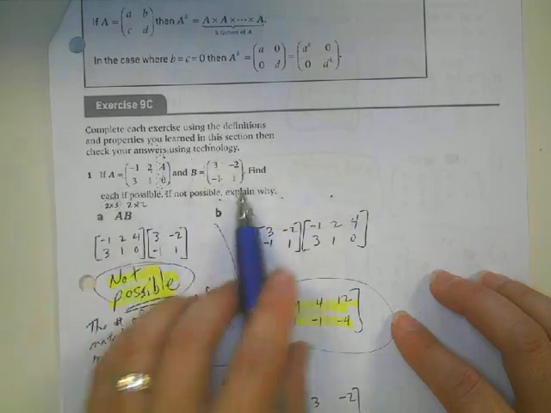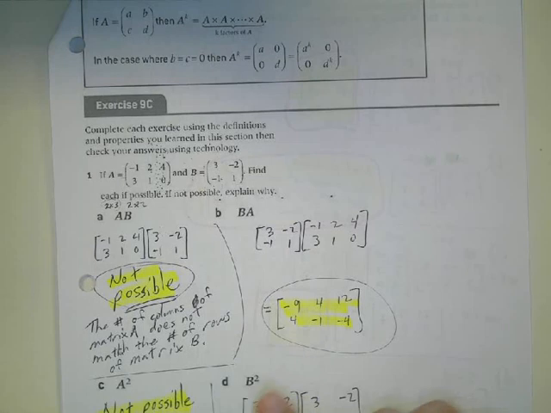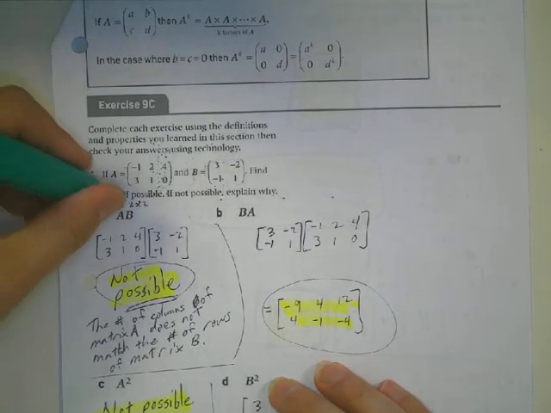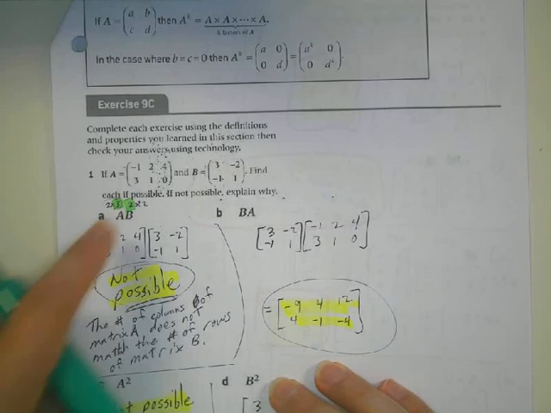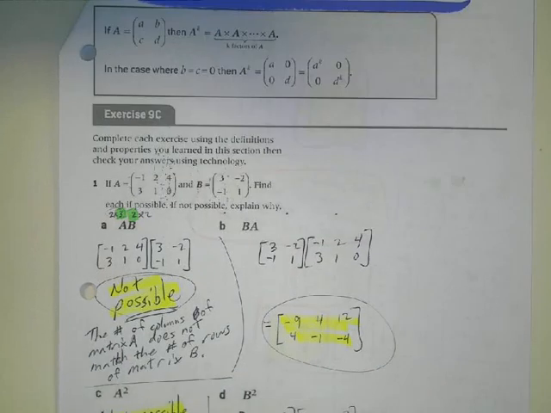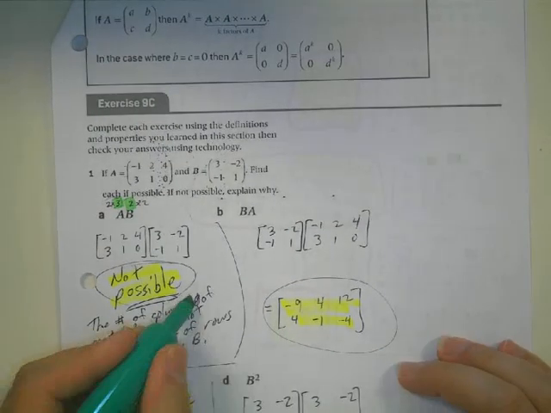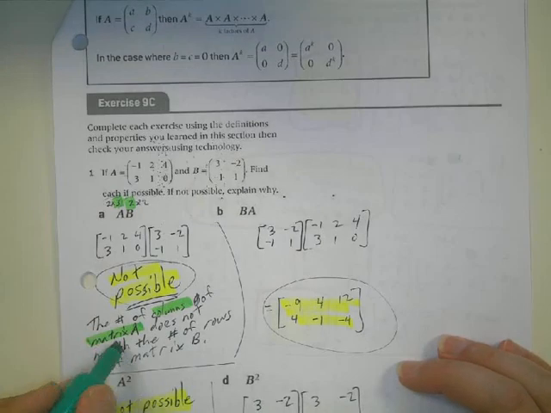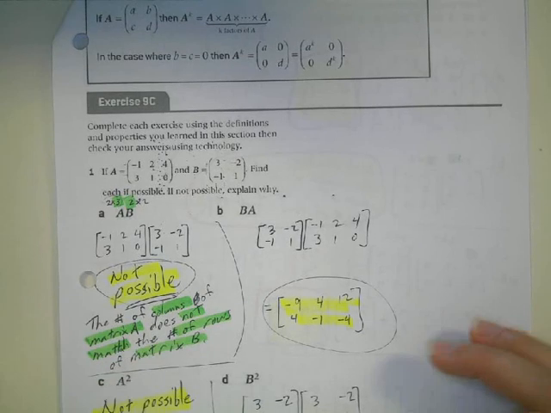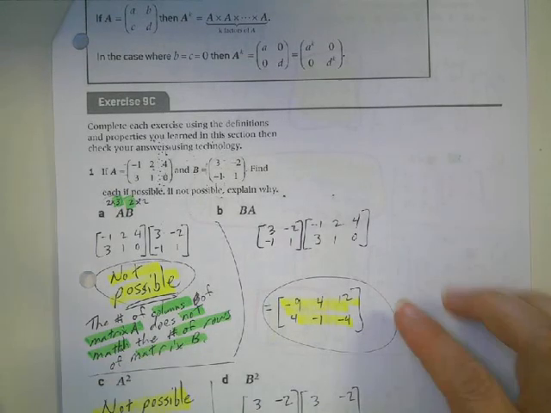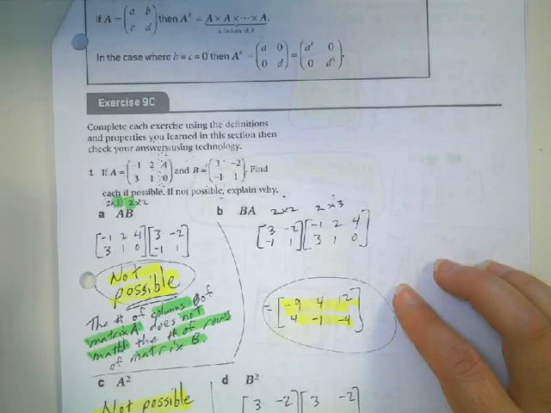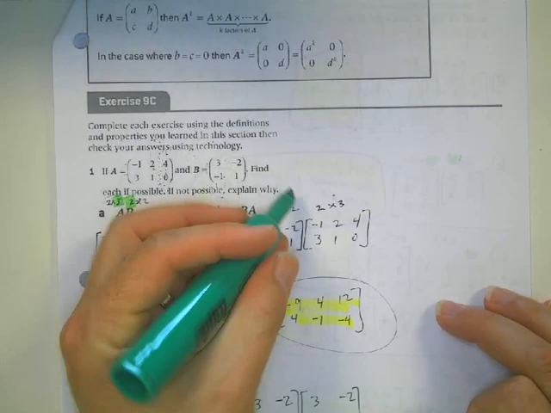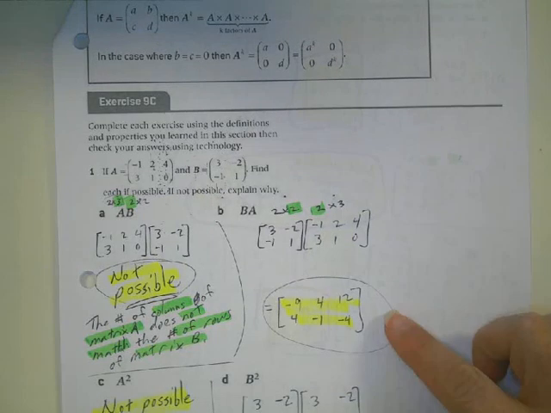So we automatically know that we can't do this multiplication because the number of columns of matrix A does not match the number of rows of matrix B. Okay, now if I switch it around, I've got a 2 by 2 matrix and a 2 by 3 matrix. Those do match, so now we can multiply it, and I did this using my calculator.